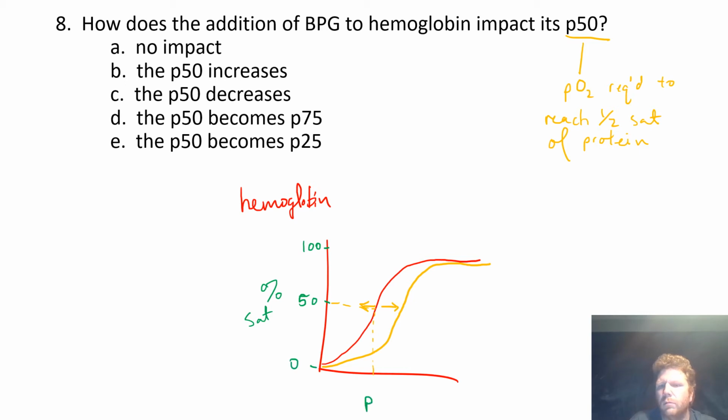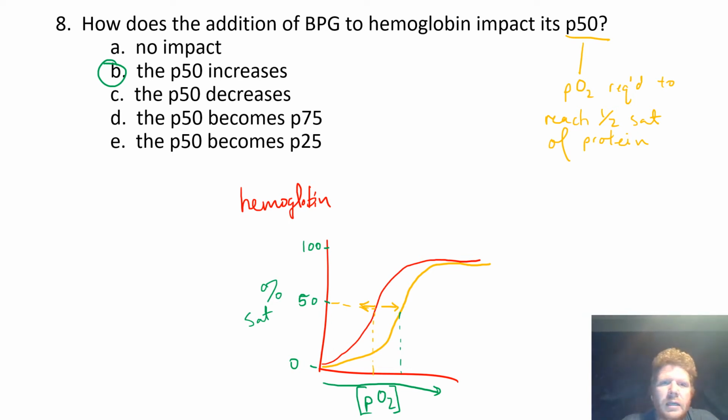Well, our PO2 is basically our oxygen concentration, and that moves from 0 to a larger number. What we see is that the amount of oxygen that is required to get your protein to its P50 has gone up. So the correct answer option is B, the P50 increases.